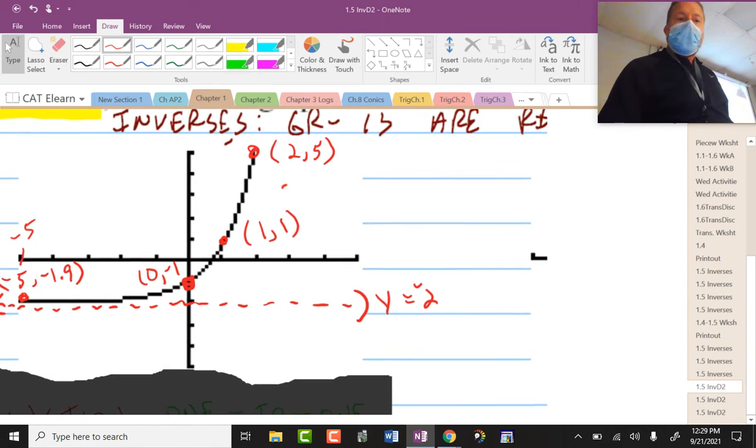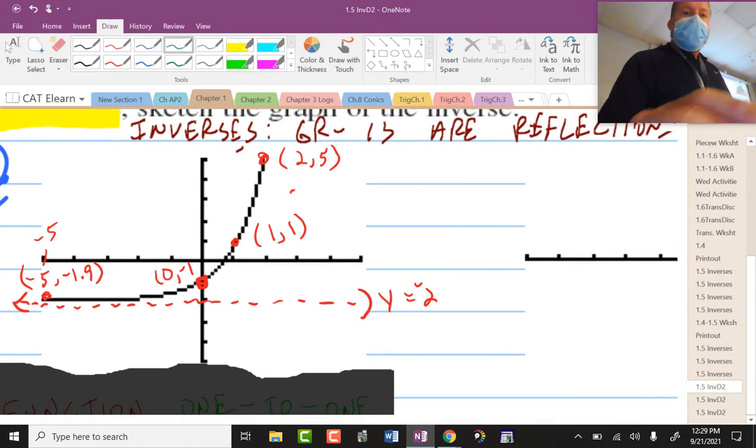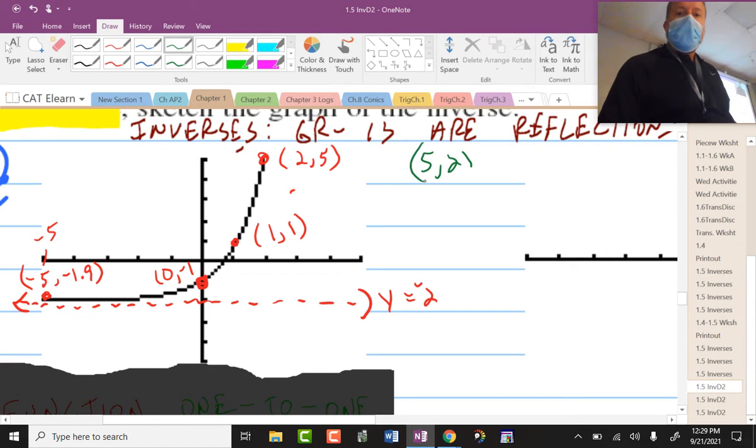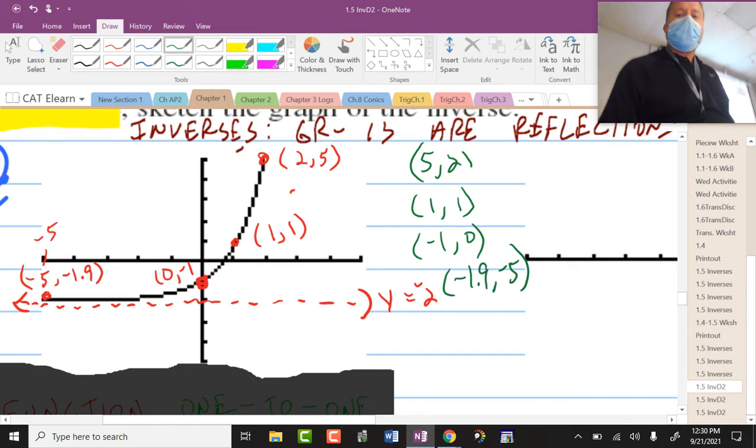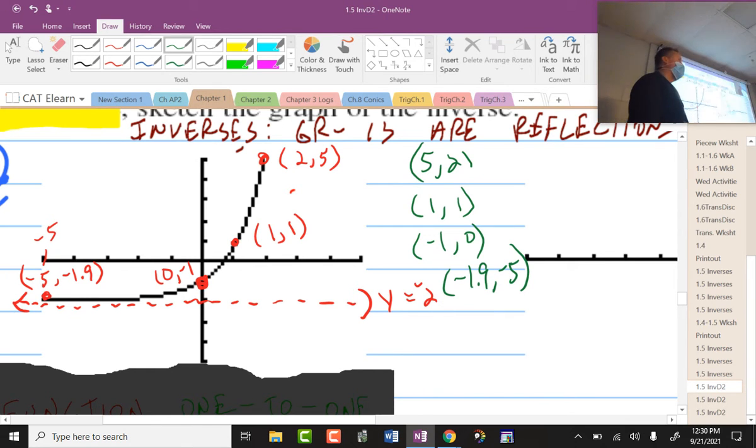Here's your new graph. Your new graph should therefore have these coordinates. 5, 2. Oh, switch 1 and 1. 1, 1. Switch 0, -1. And then this is going to be an asymptotic point here. This is where we have some asymptotic behavior. But then I also want to tell you something right now.